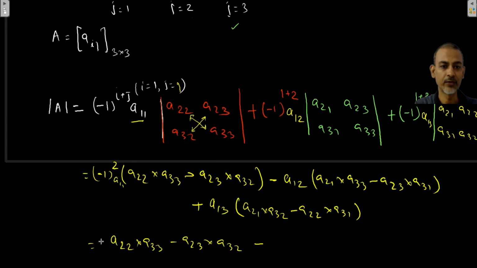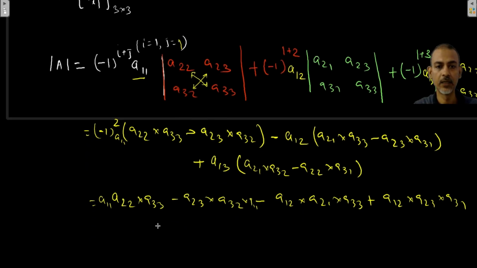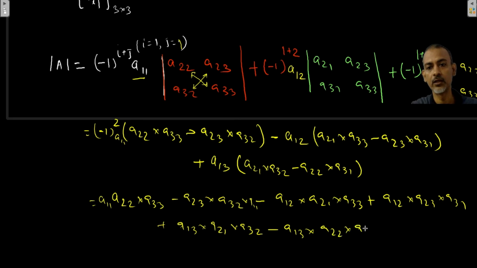So you expand A21 A33 and plus A12 A23 A31 and so on and so forth, plus A13 into A21 into A32 minus A13 into A22 into A31. Alright, so this is the entire expression. Once you solve it, you will get the value.